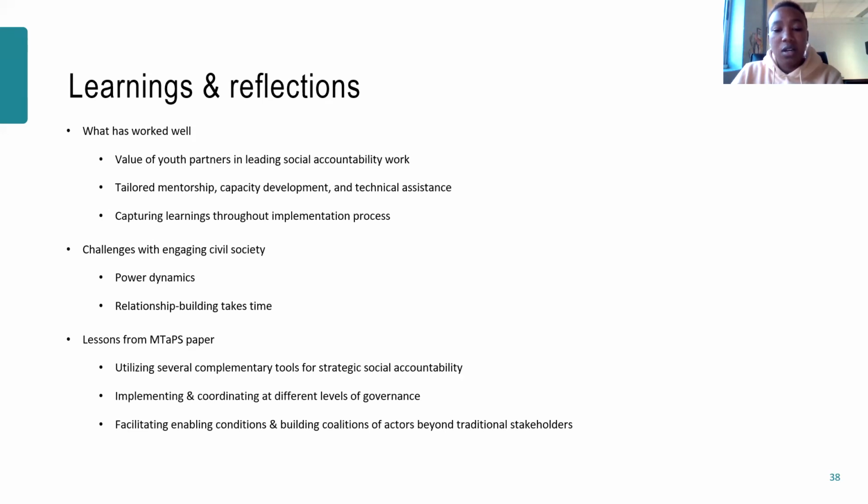Also organizing networking calls with youth partners to collaborate and also to learn from each other has really worked well. Capturing learnings throughout the implementation process. So we are creating a learning journey with youth partners, monthly learning calls, learning how to conduct new types of exercises, like the most significant change that has earlier been talked about, net mapping, and after action reviews.